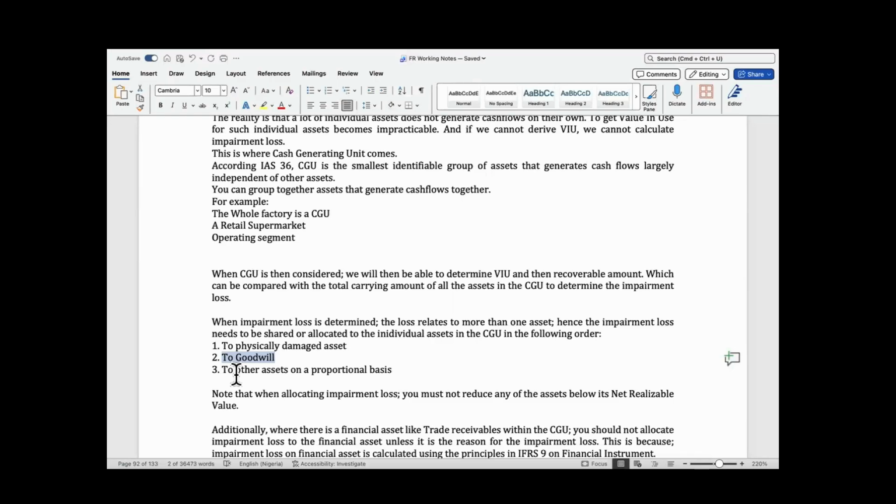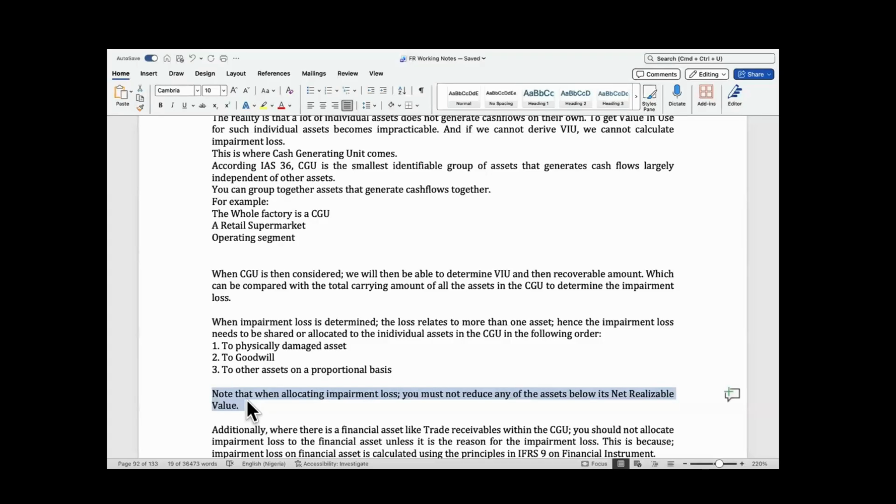And I mentioned that when you're allocating impairment loss to assets in a CGU, you must not reduce any of the assets below its net realizable value. This is very important. In fact, this sentence is the very basis of that first assignment I gave you.